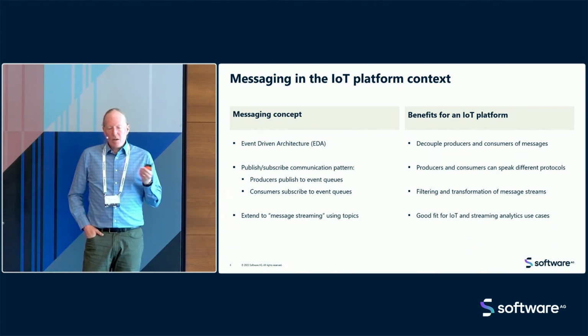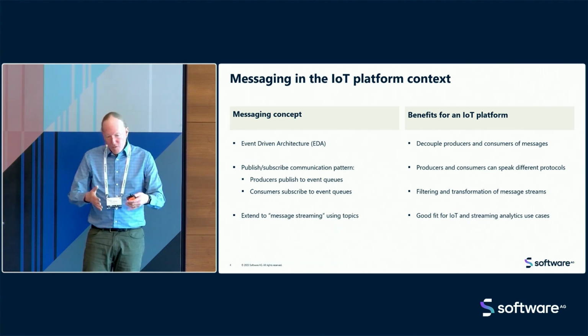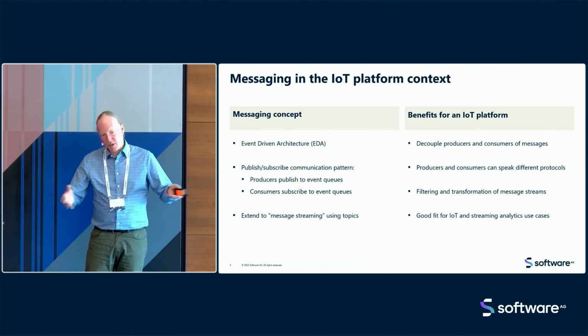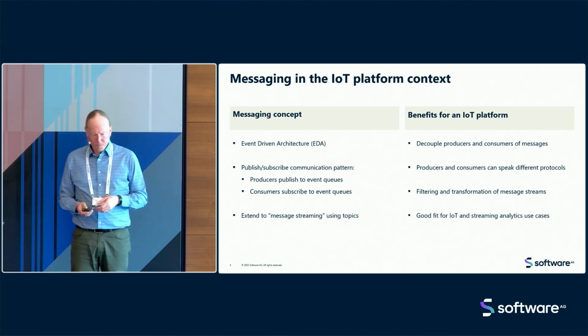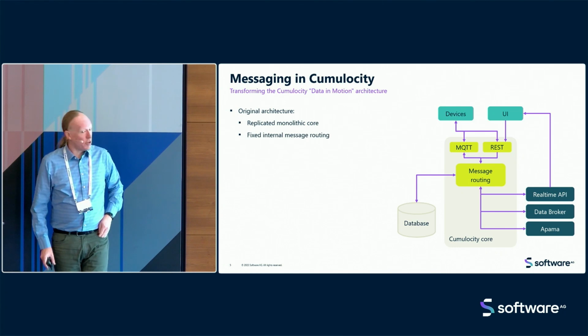And if you're familiar with the IoT hub products that a lot of the hyperscalers offer, they're already using this kind of messaging paradigm for pulling the data into the platform and distributing it to the places it needs to go.